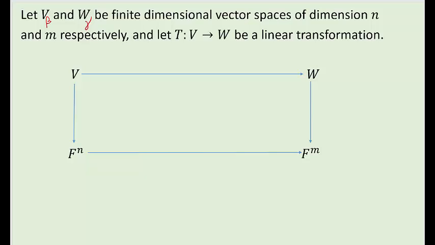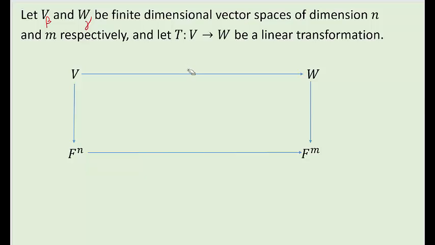This diagram is in the text, and it helps us connect the ideas of linear transformations and the representative matrices. Let's say we have V and W, finite dimensional vector spaces of dimension n and m. We know now that V is isomorphic to Fn and W is isomorphic to Fm.